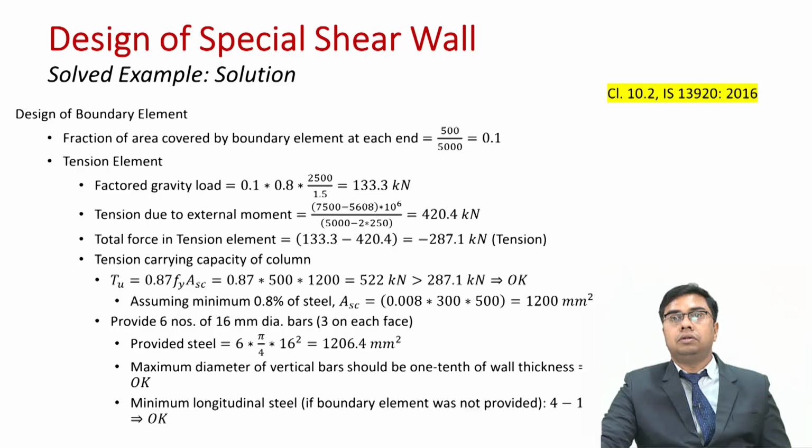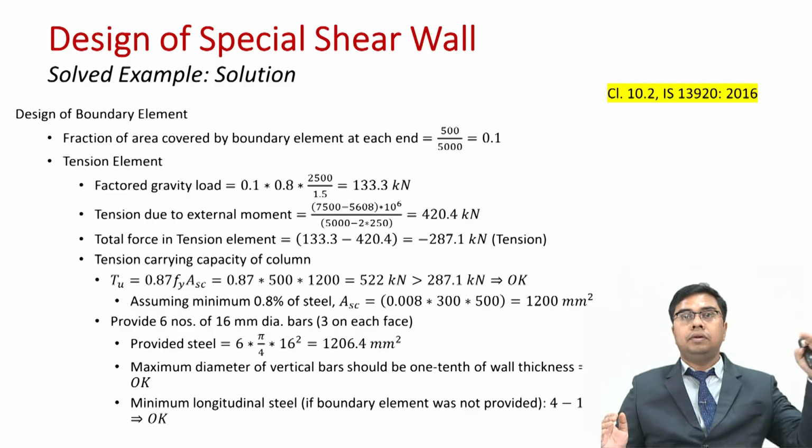Why did we do such a calculation? Because we have seen in the last class that when assessing the safety of tension element, we will consider the gravity load to be 0.8 times the design axial force. So this one we have calculated as 133.3 kilonewton.